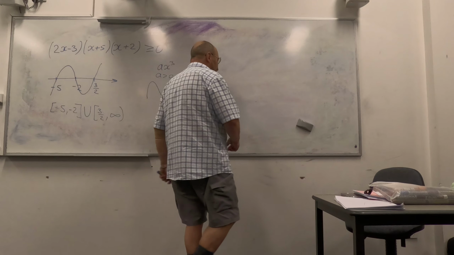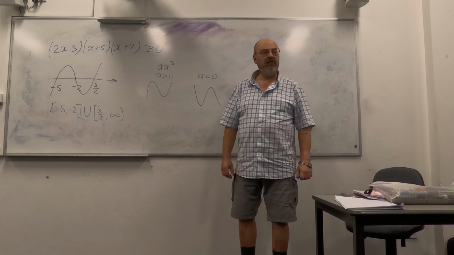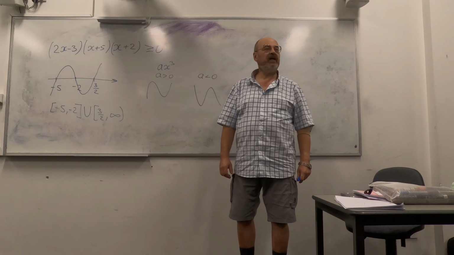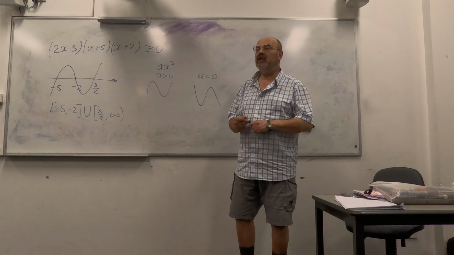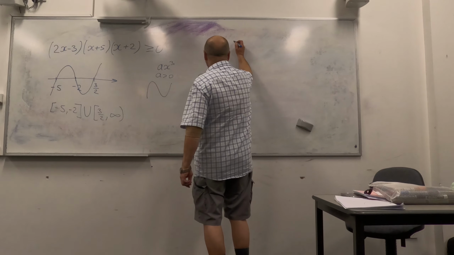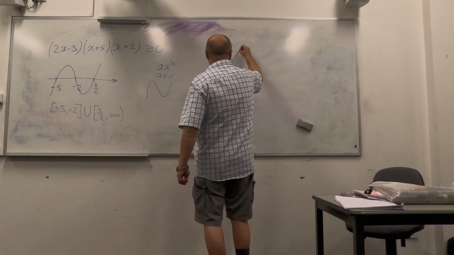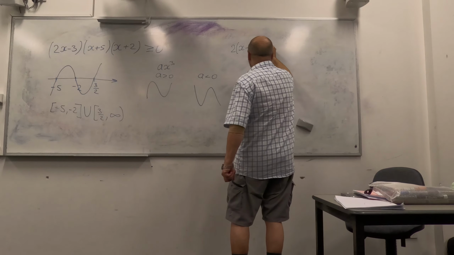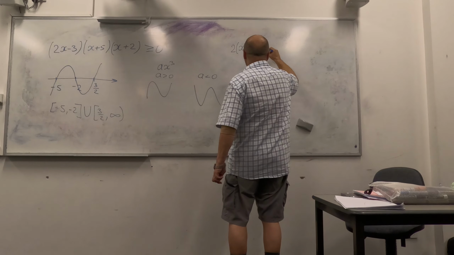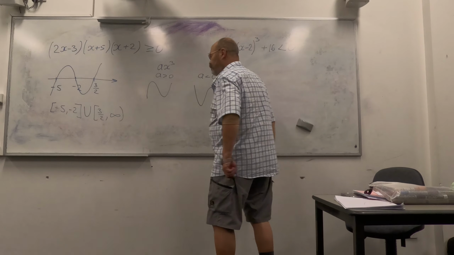Now, what if the cubic is non-factorable? For example, if we have a cubic in the form, you need to solve 2 times (x minus 2) cubed plus 16 less than 0.